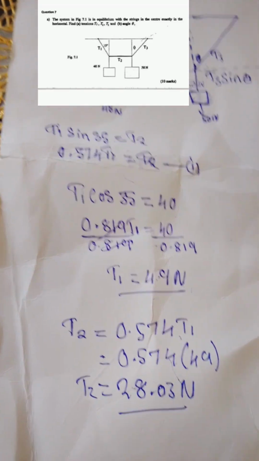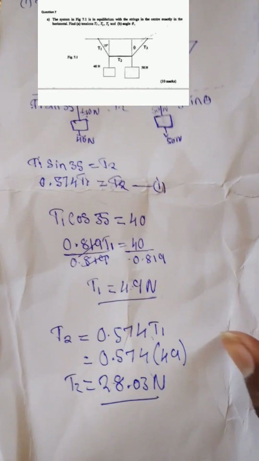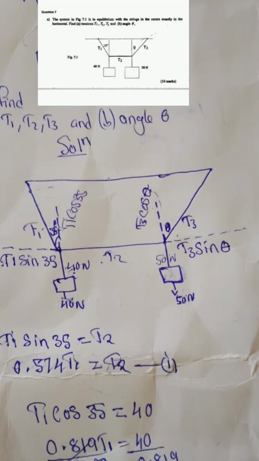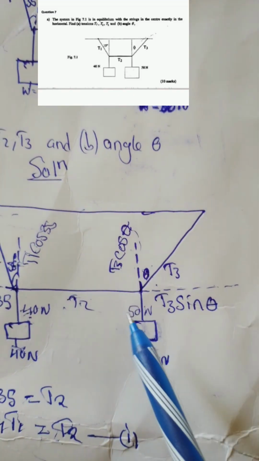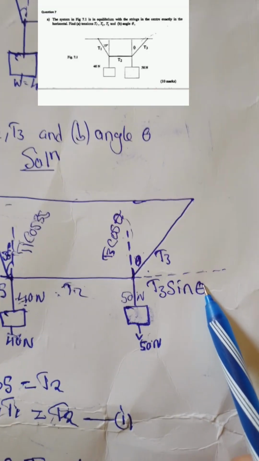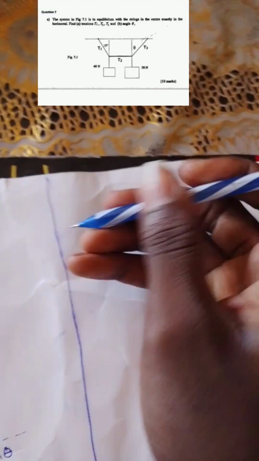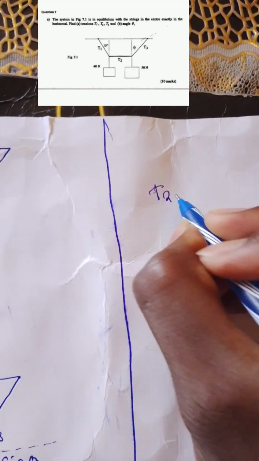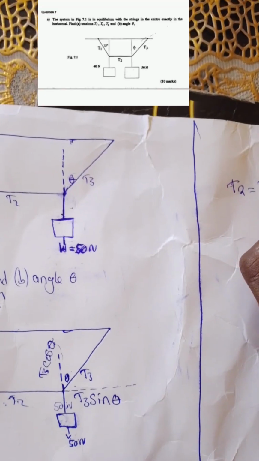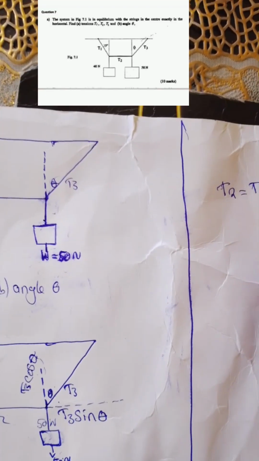Now let's see if we can find tension 3 under the theta. So now we are going to equate also the backward force, which is T2, to the forward force, which is T3 sine theta. So here it will be tension 2 is equal to T3 sine theta.